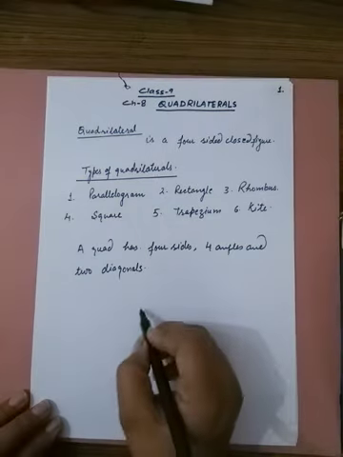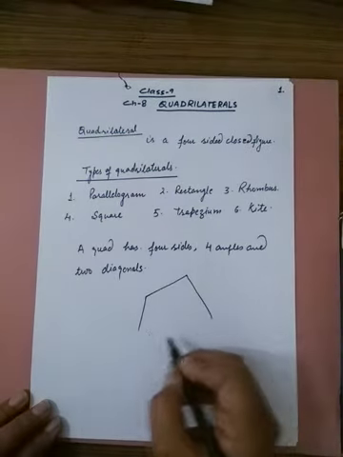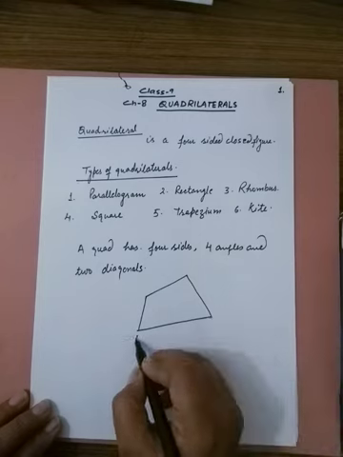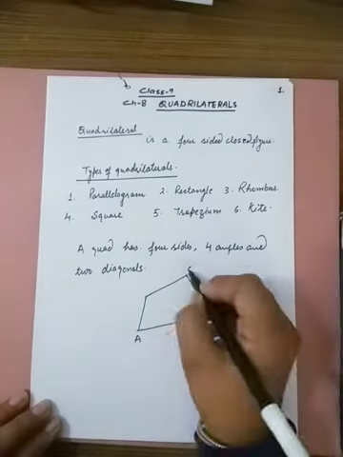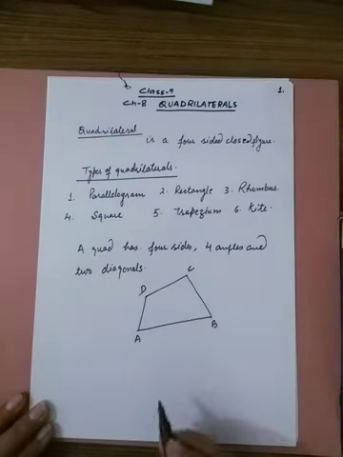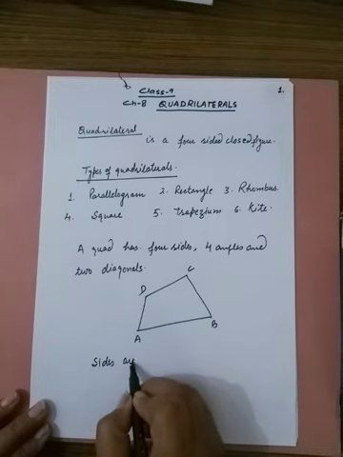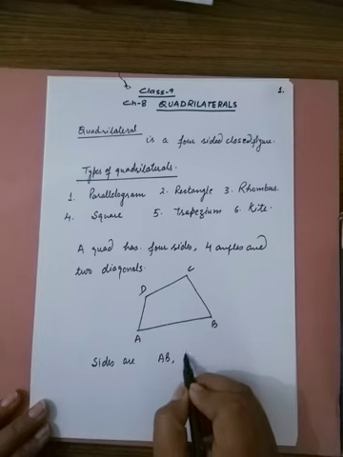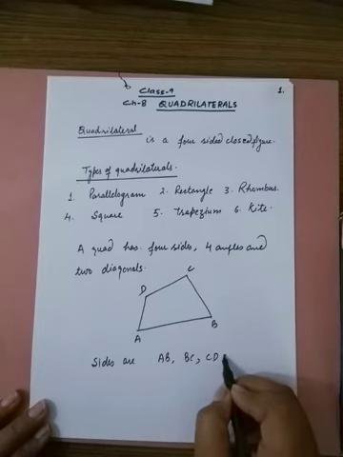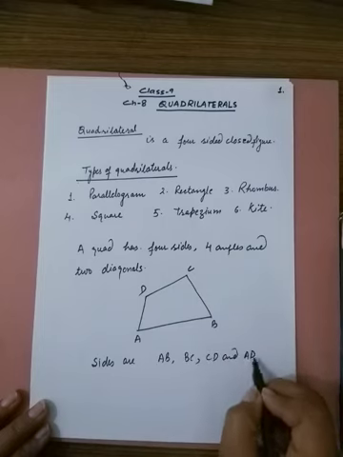For example, in this figure, ABCD is a quadrilateral. Its sides are AB, BC, CD and AD.